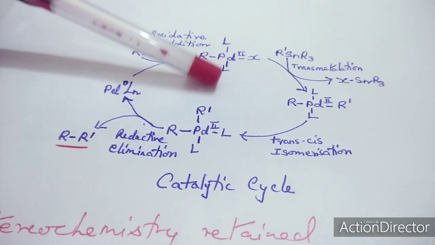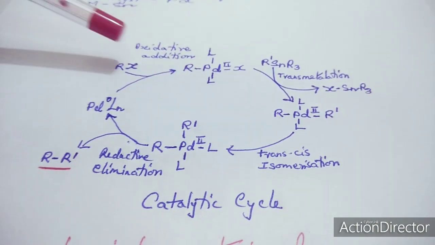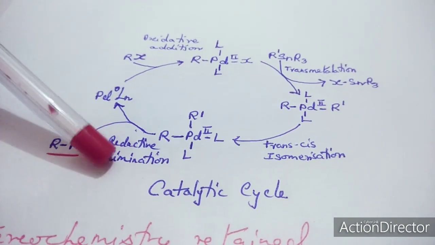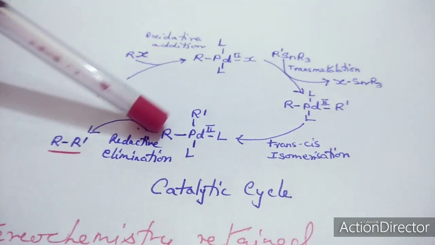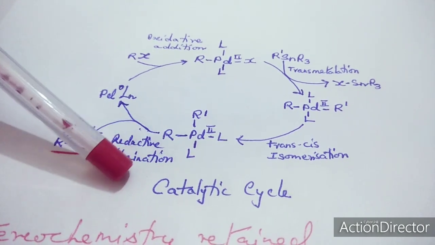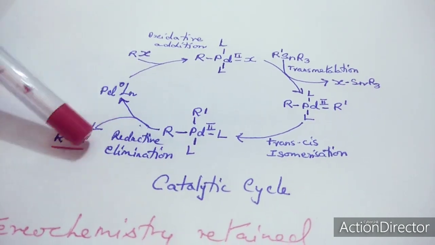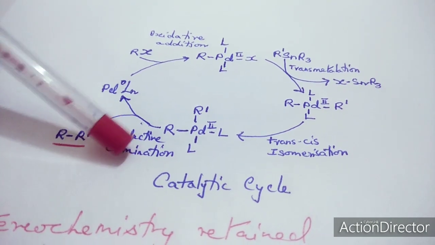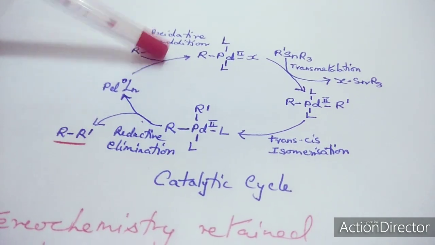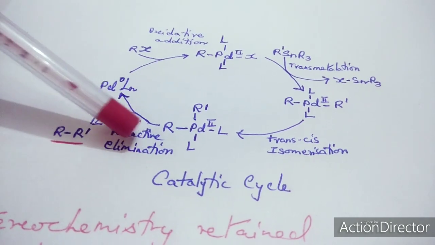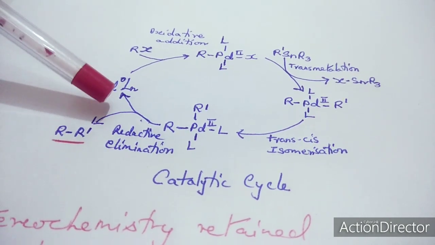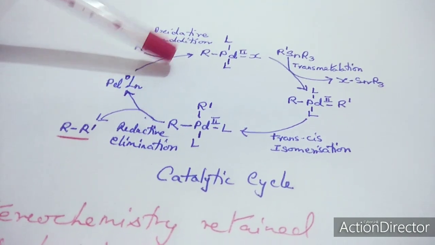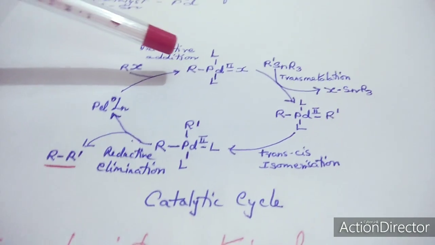The oxidative addition takes place in a trans manner because that is thermodynamically stable. But before reductive elimination, this step occurs, because R and R1 are coupled. So we get R-R1, and reductive elimination, just the opposite of oxidative addition, changes Pd2 again to Pd0 and the cycle continues. It combines again with R-X by oxidative addition.